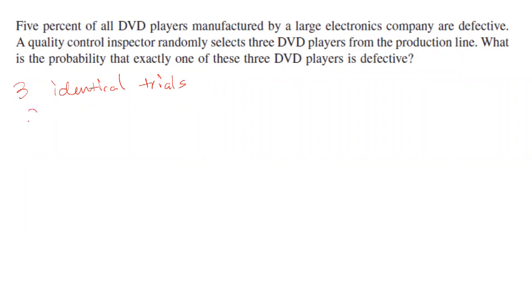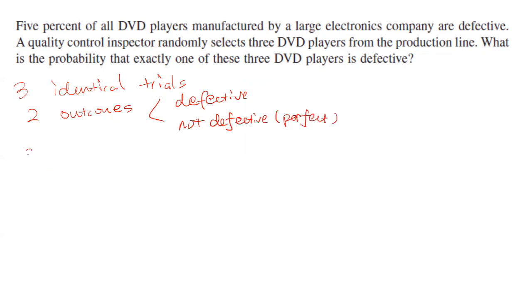And in each trial, there are only 2 outcomes, right? Which are defective or not defective. For each trial, the probability of being defective never changes, it remains constant, right?